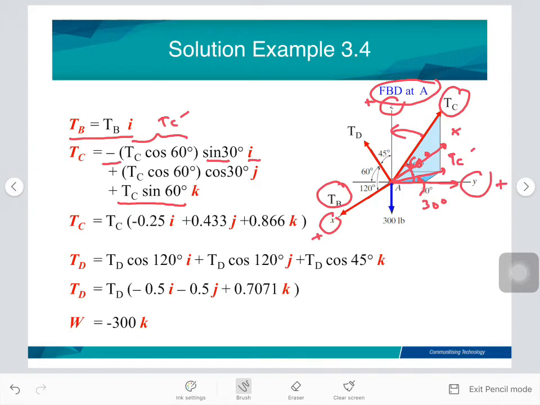Then we want to resolve TC prime into y. y is positive, so we have positive TC cos 60 times cos 30 j. Now you can simplify here. TC in Cartesian is equal to negative 0.25 TC i plus 0.433 TC j plus 0.866 TC k. So this is Cartesian already.